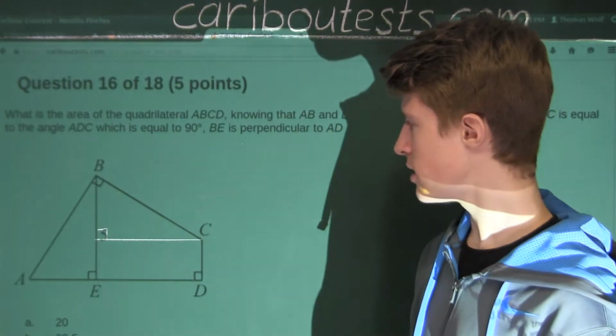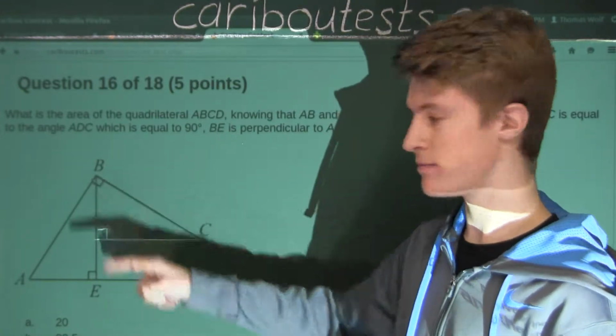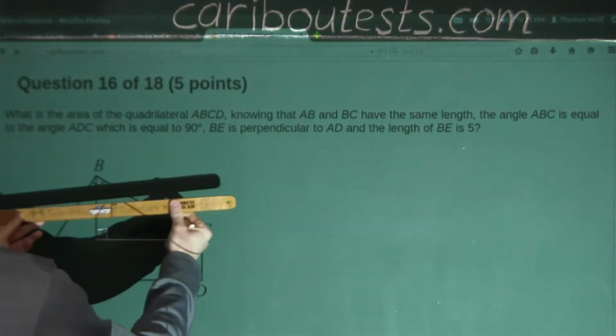Alright, so let's draw a parallel line to this, which goes through the point B. So let's draw that line.